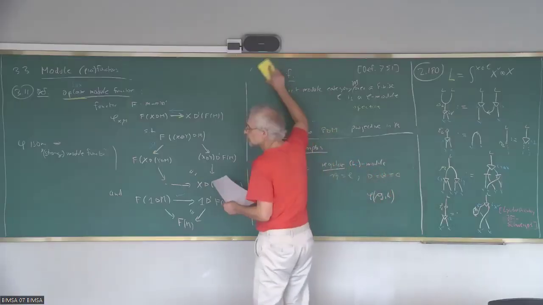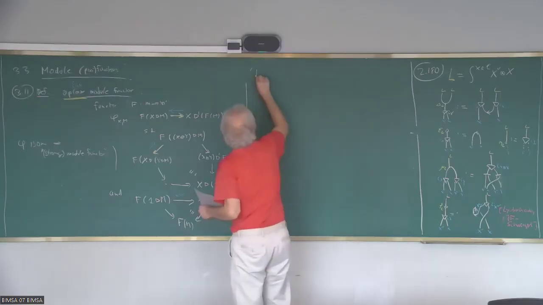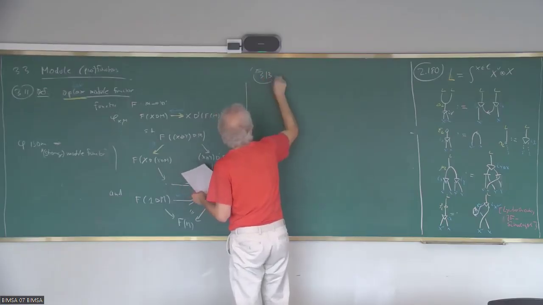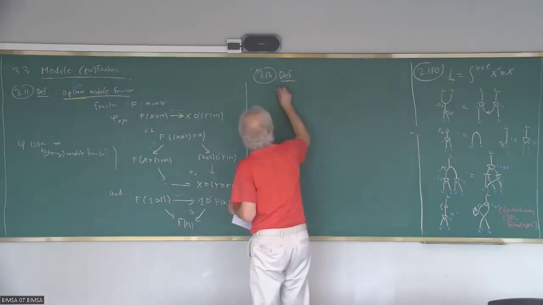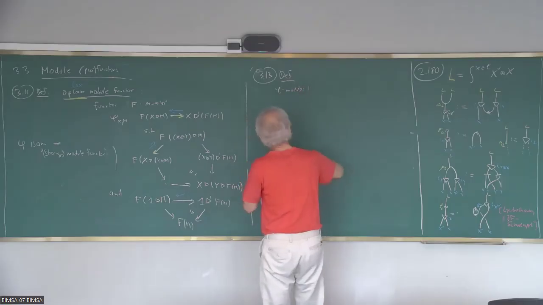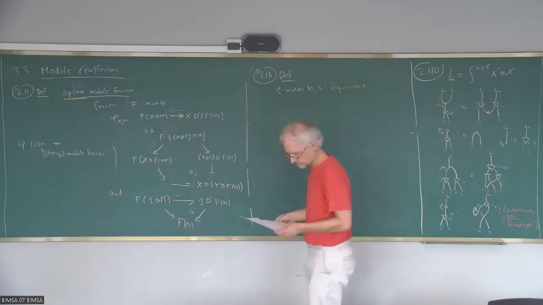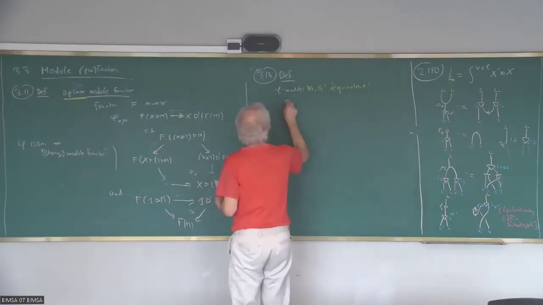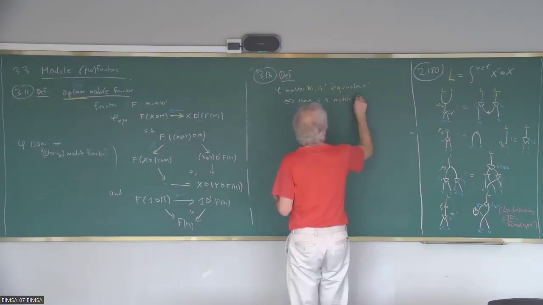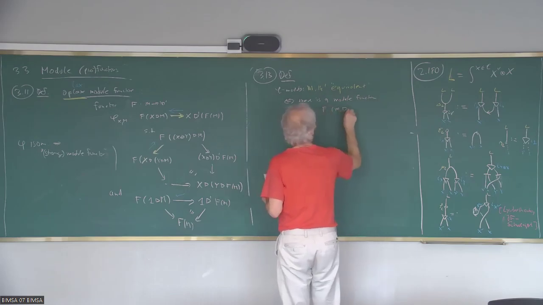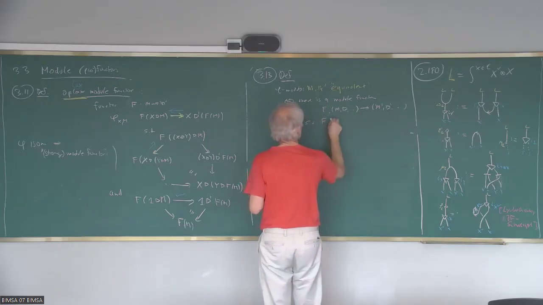And now I can define what indecomposable means, namely we say that C modules M and M prime are equivalent if there exists a strong module functor such that the underlying functor is an equivalence of categories.